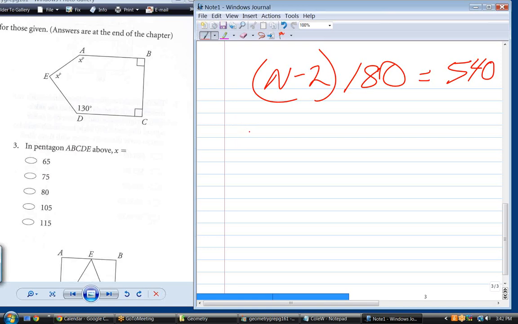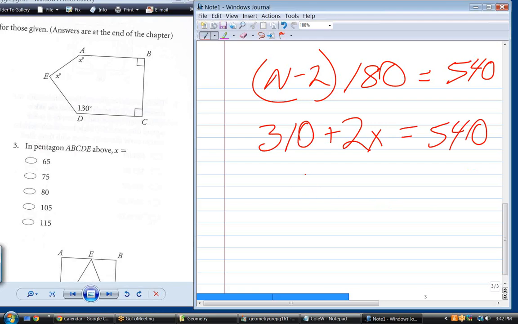Where'd you get 300? You're close. All right. I added 90 to 90, which is 180. But then 180 plus 130 is 310. So 310 plus 2x equals 540.